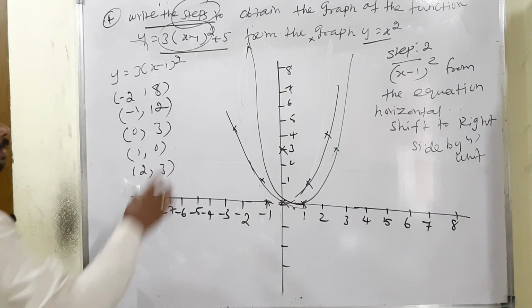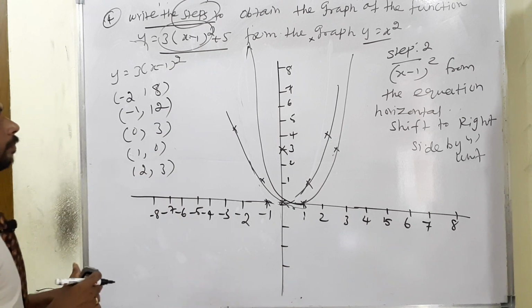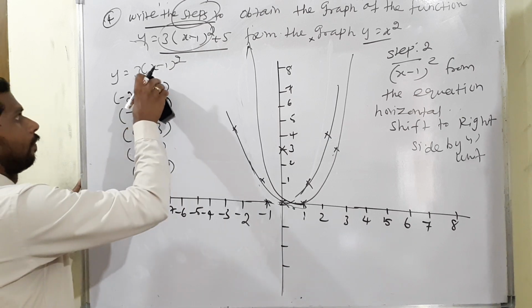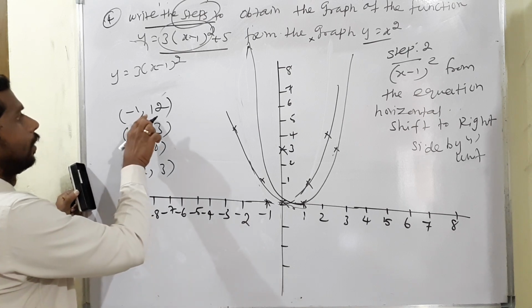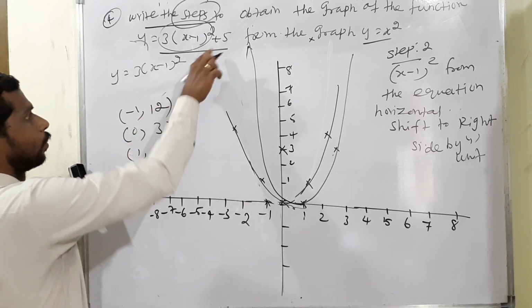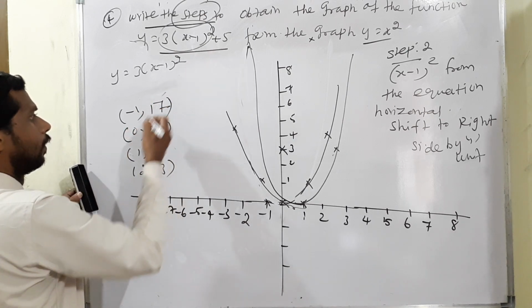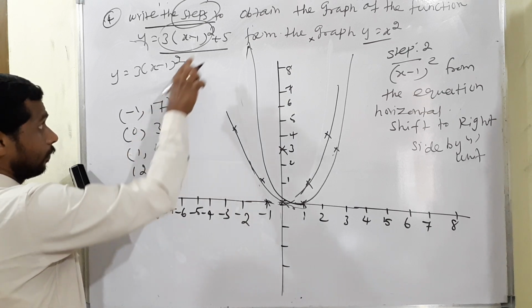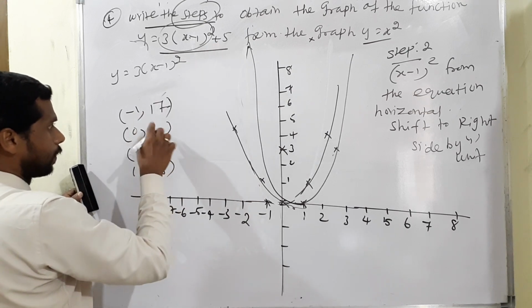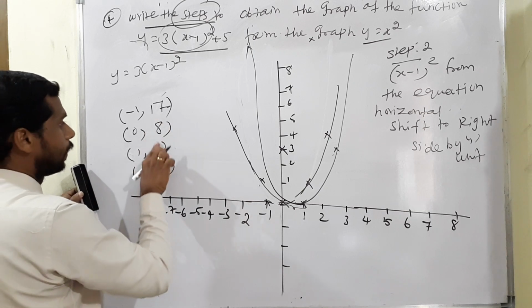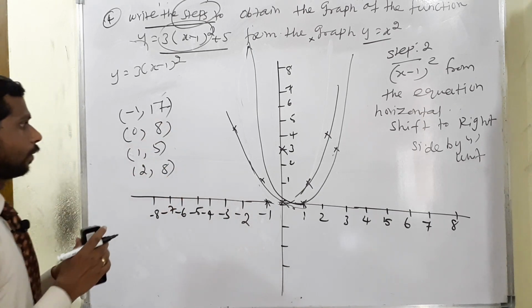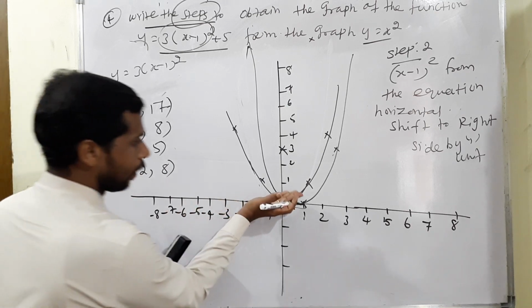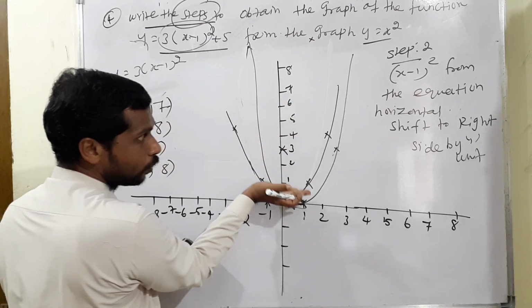The same cases, add 5, what will happen? Adding 5 to minus 2, it will take a bigger number, no problem. Take minus 1: 12 plus 5, 17 will come. Then 5 plus 3 is equal to 8 will come. Again 0 plus 5 means 5 will come. Again 5 plus 3 is equal to 8 will come. So listen to what I am saying. This is a vertical shift up by 5 units.